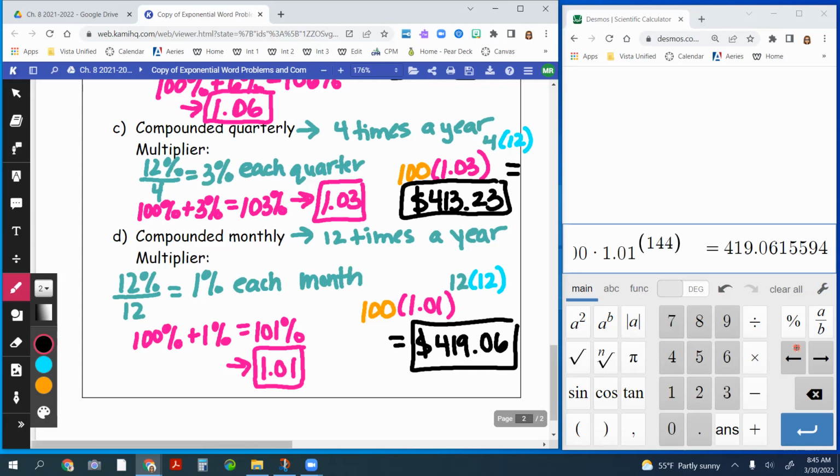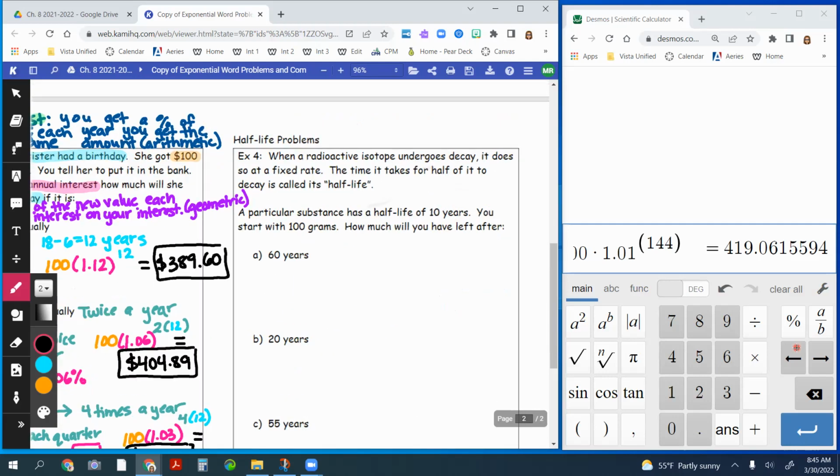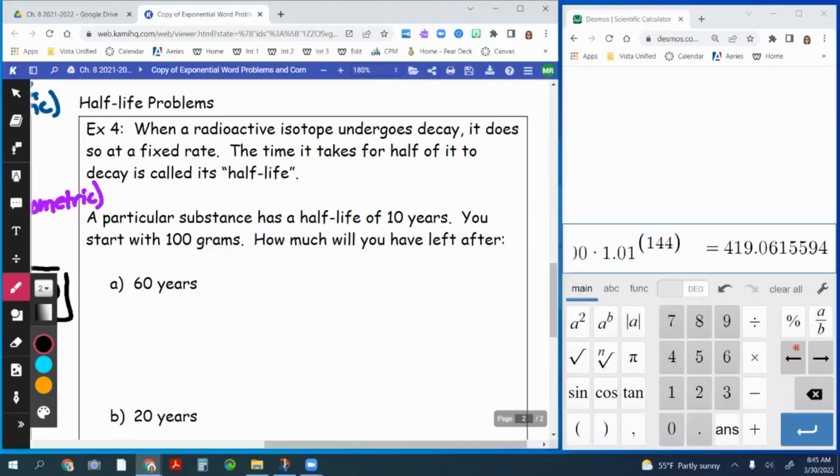Okay, now the last set of problems we're going to be doing on the next page is half-life. And a half-life is how long it takes something to become half as much.